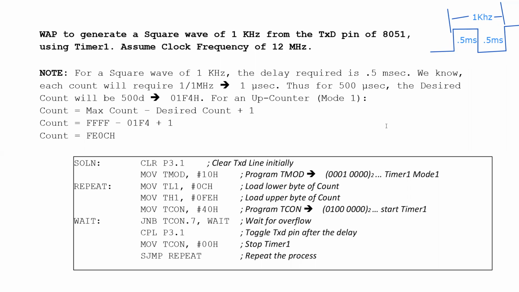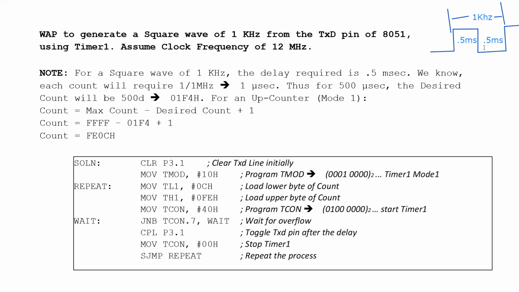To generate a square wave, it is just sending a 1 and then 0, but there should be a delay so that you can view the signal properly. So a delay is called after sending 1, and then send 0, then a delay is called. So you will get a square wave. If the delay for the on state and the off state is the same, you will get a square wave.